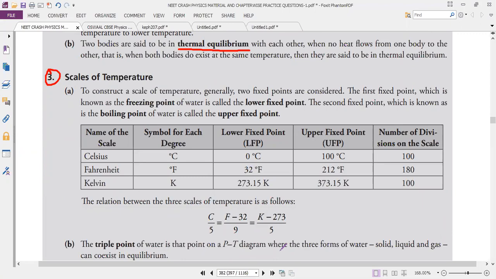Okay. The scales Celsius, Fahrenheit, and Kelvin. The conversion: C by 5 equals F minus 32 by 9 equals K minus 273 divided by 5.